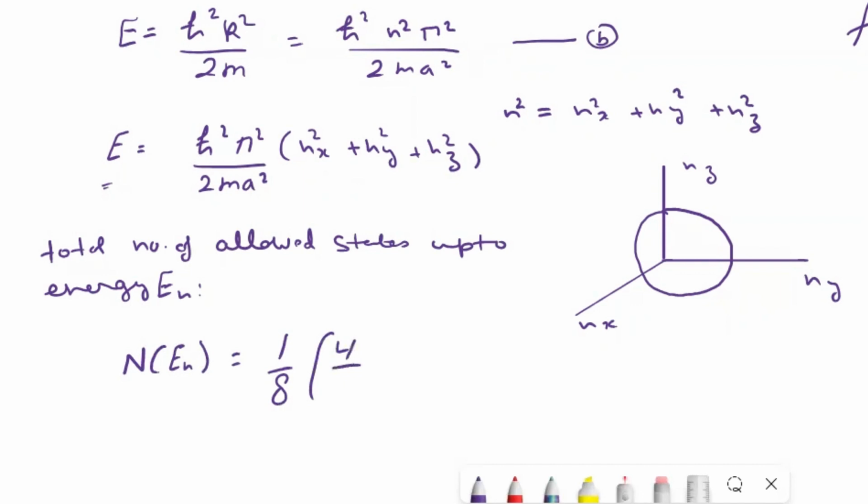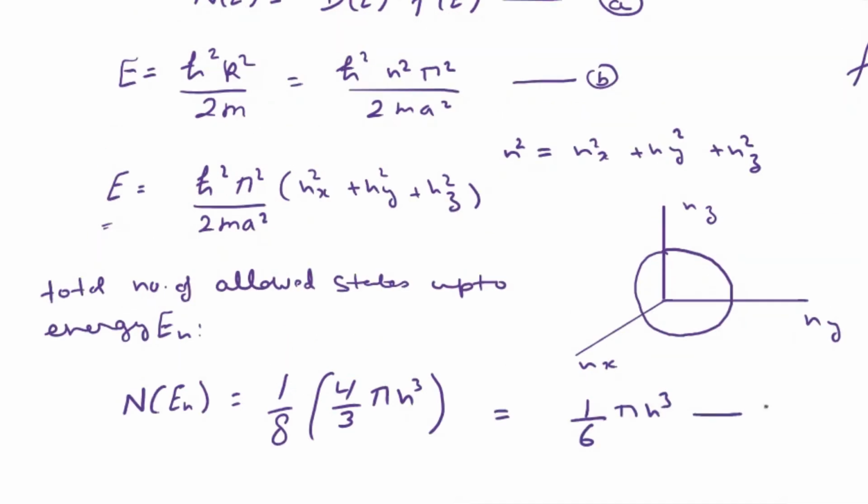The volume of the sphere is 4/3 pi n cube, so eventually it means 1/6 pi n cube. Let's say this is equation C.